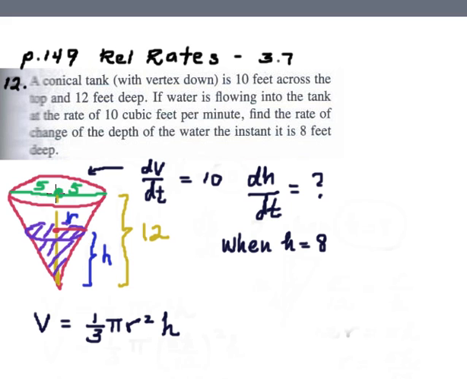Well, notice we have a triangle here down the middle of the cone. It's a right triangle. And here's another right triangle that's in the water, contained in that bigger right triangle. Let's take those triangles out of the cone.